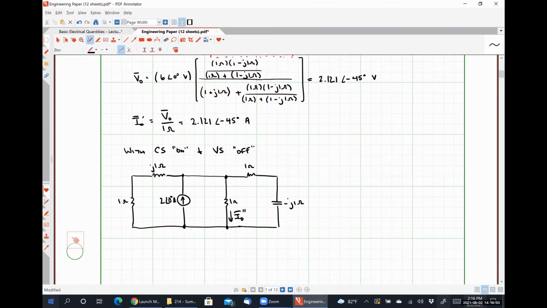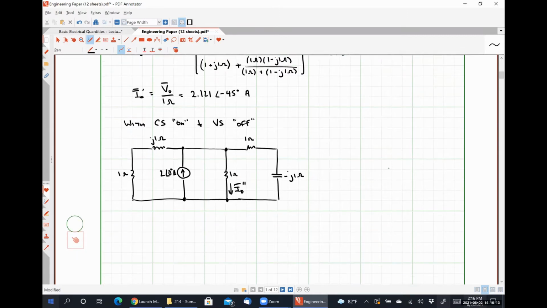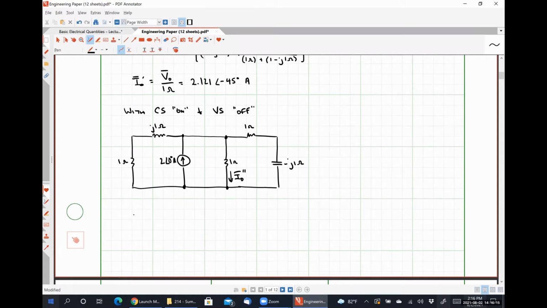Could we not just do current division? We can absolutely do current division. That is what I believe to be the easiest method to use here. So employing current division, I naught double prime would be 2 angle 0 degrees amps, and in our numerator, we're going to have 1 over 1 ohm.